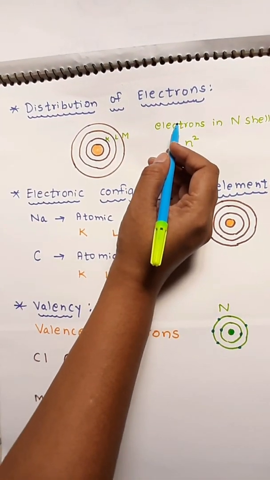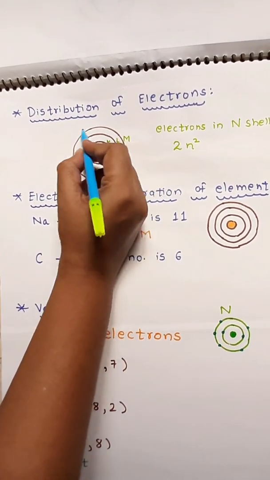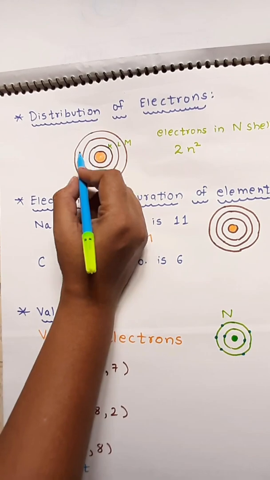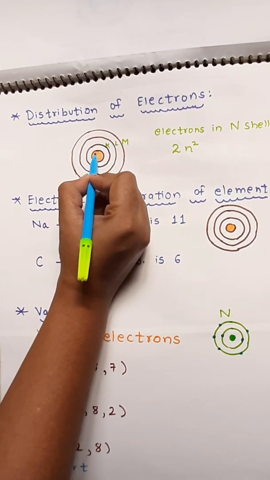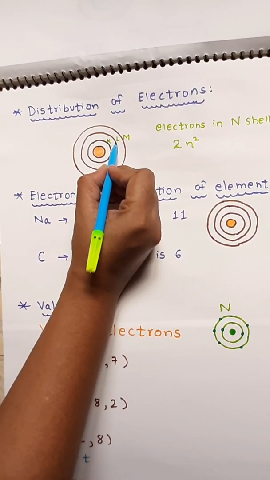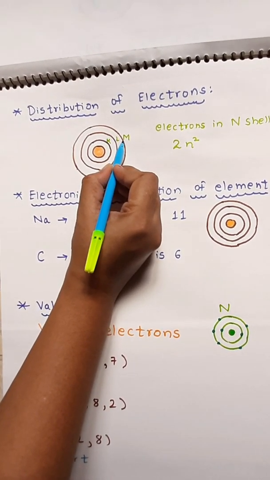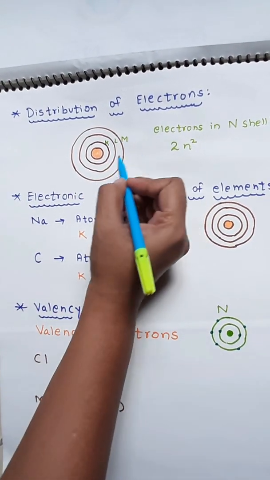Distribution of electrons. Electrons revolve in stable orbits. These orbits are called shells, the brown color that you can see. The shell nearest to the nucleus is the first shell, the next shell is the second, the next is the third. They are denoted by the letters K, L, M and so on.